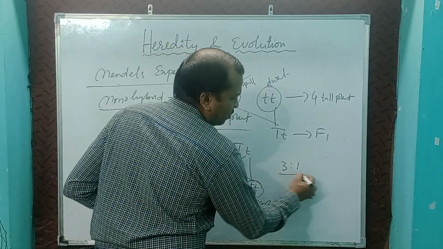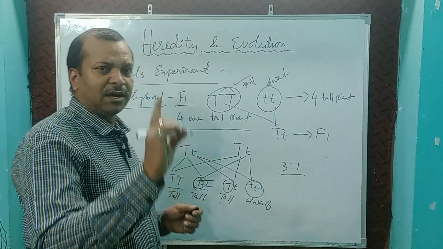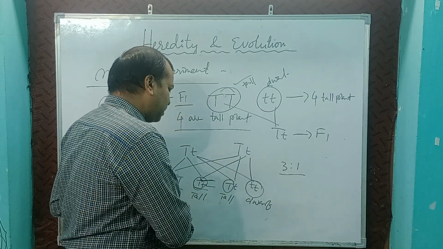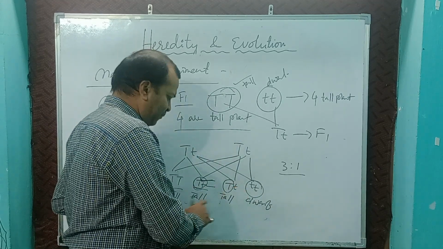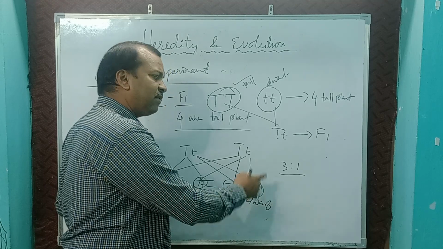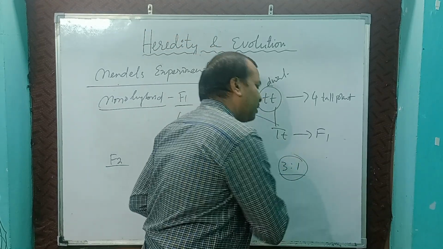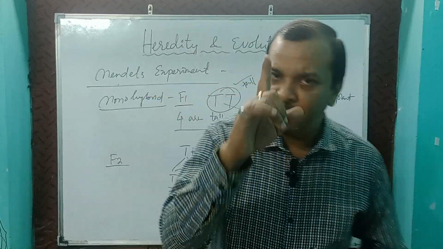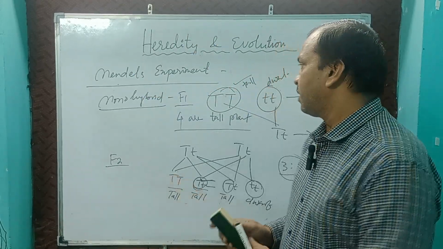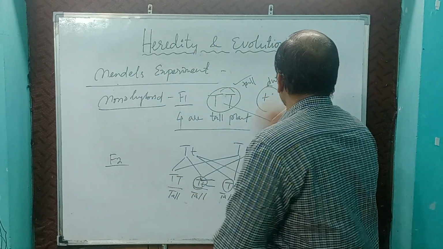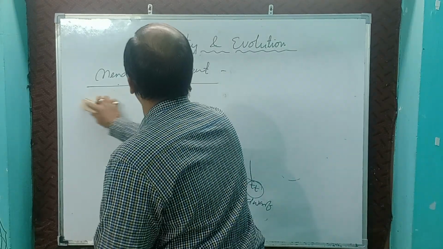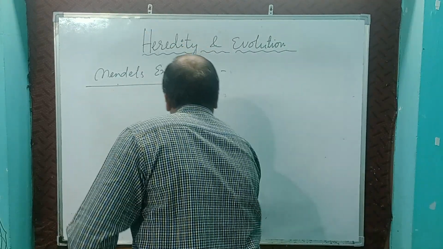Here 3:1. Is it clear? In F2 progeny, we will get tall and dwarf in the ratio 3:1. Clear? That is monohybrid. Let us look at dihybrid.